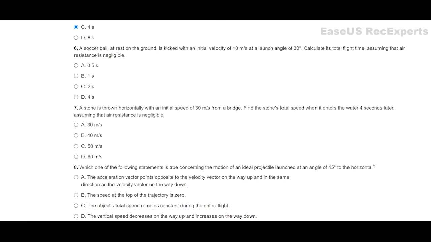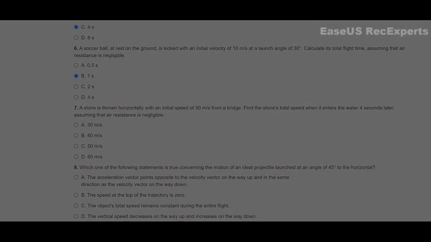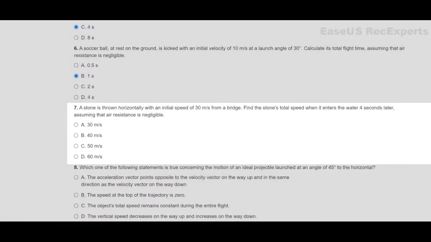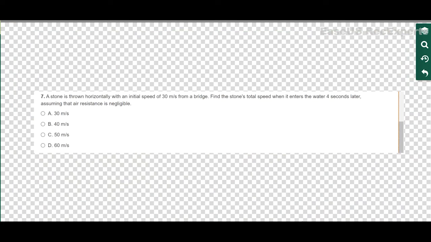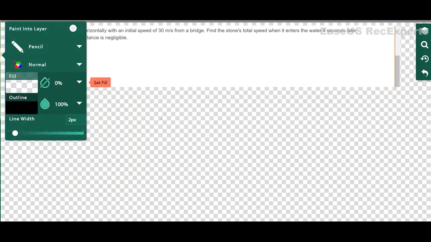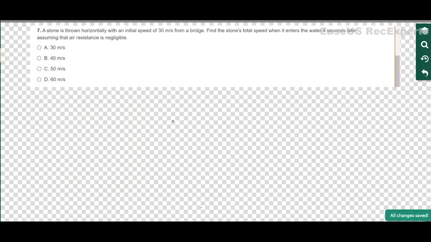All right, now let's take a look at number 7. A stone is thrown horizontally with an initial speed of 30 meters per second from a bridge. So we have a stone thrown like that, and it enters the water 4 seconds later.